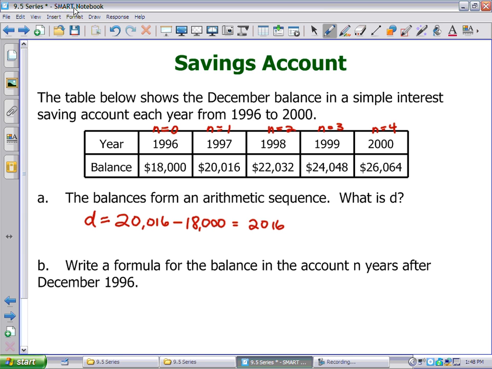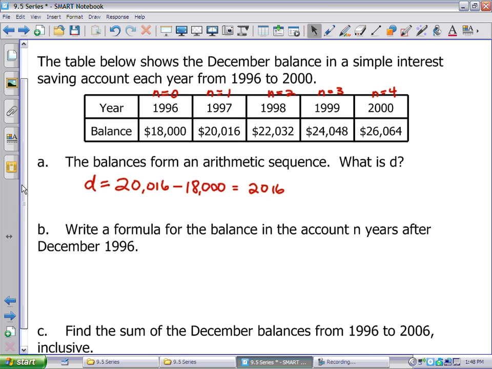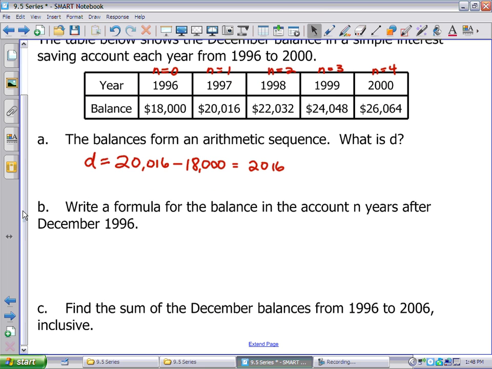Okay, write a formula for the balance in the account N years after December 1996. So if we start by saying our A sub 0, let's just say, what's our initial amount? That's 18,000.